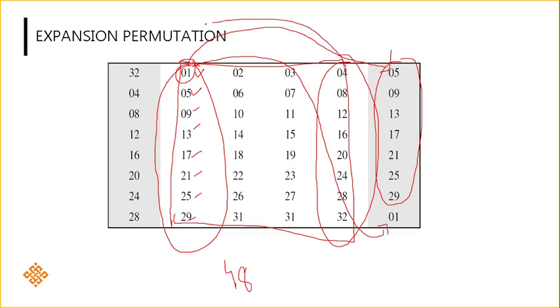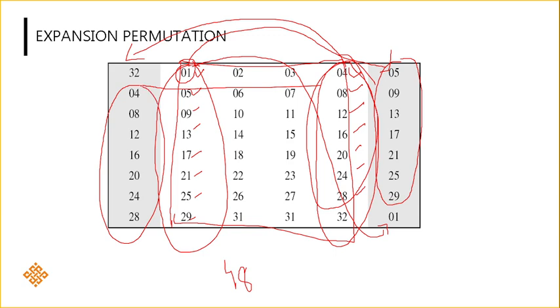We add one more additional column at the front: 4, 8, 12, 16, 20, 24, 28, these 7 elements we write here, and the last element, 32, we write at the first.